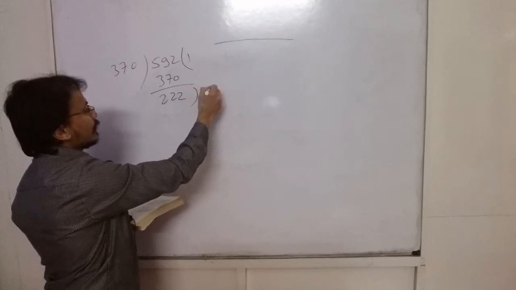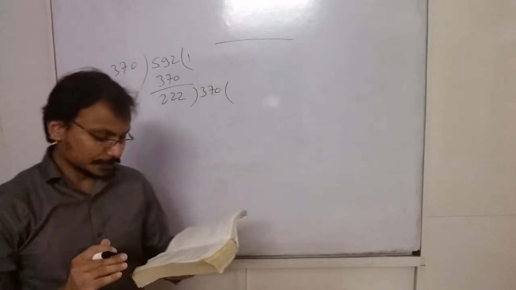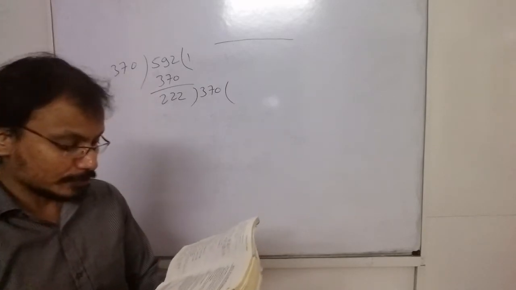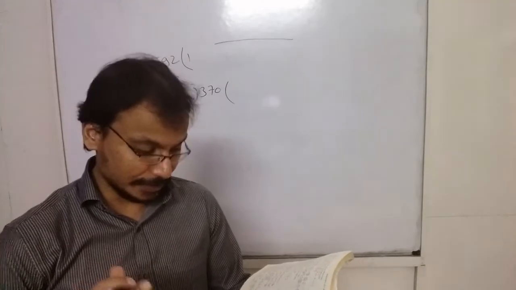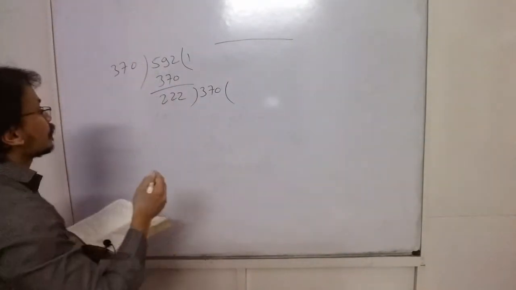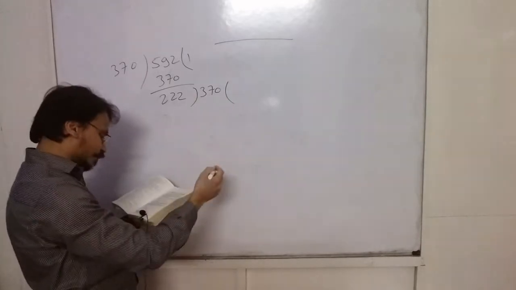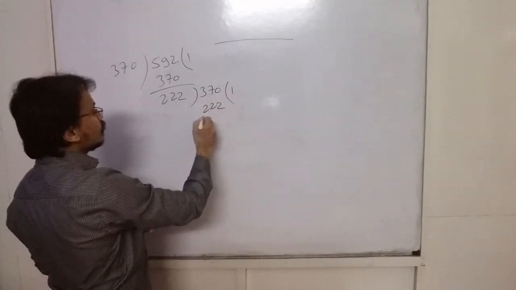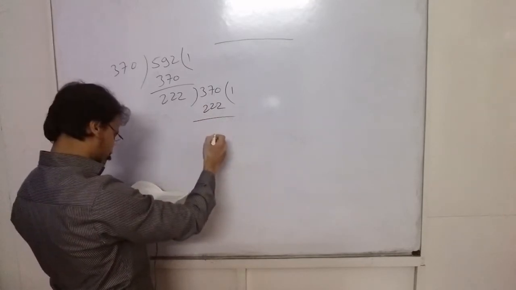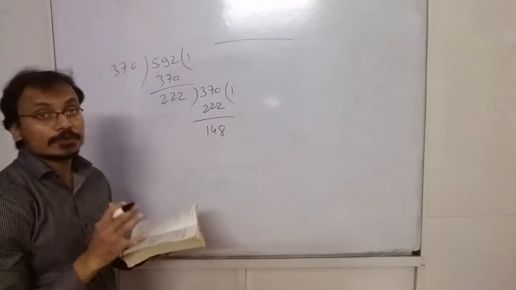You will be dividing 370 by it. So the process is: divide the large number by the smaller number, then divide the divisor by the remainder. Keep repeating the same procedure. One time 222, and the remainder will be 148.